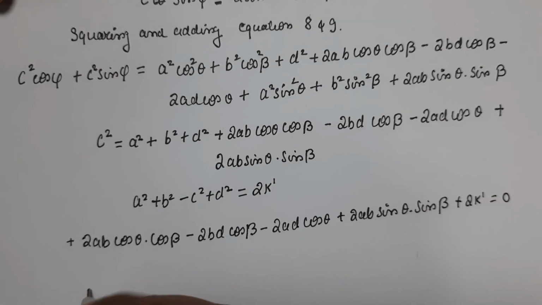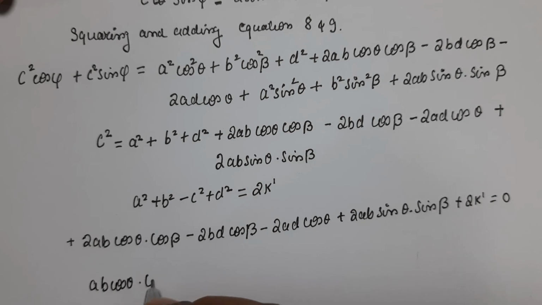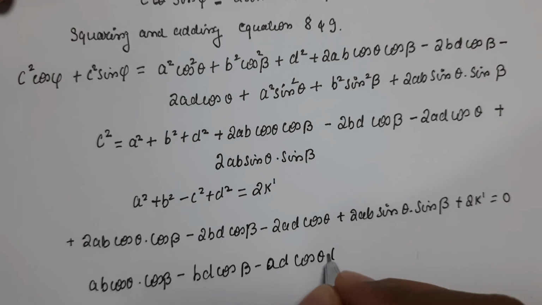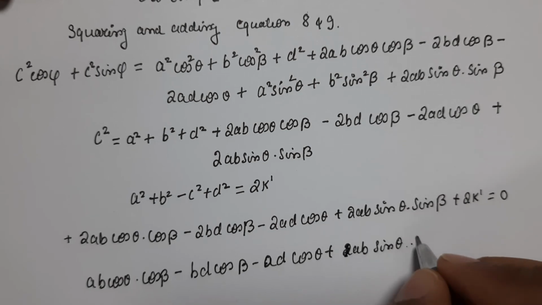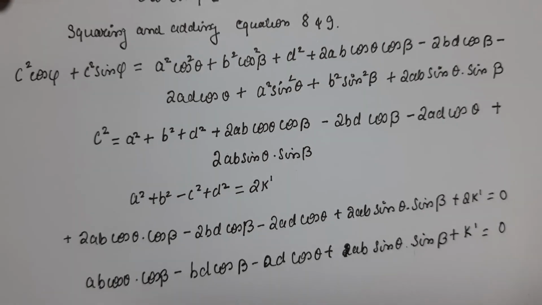So rearranging this particular equation, you can write it down as AB cos theta cos beta minus BD cos beta minus AD cos theta plus AB sin theta sin beta plus K dash is equal to 0.